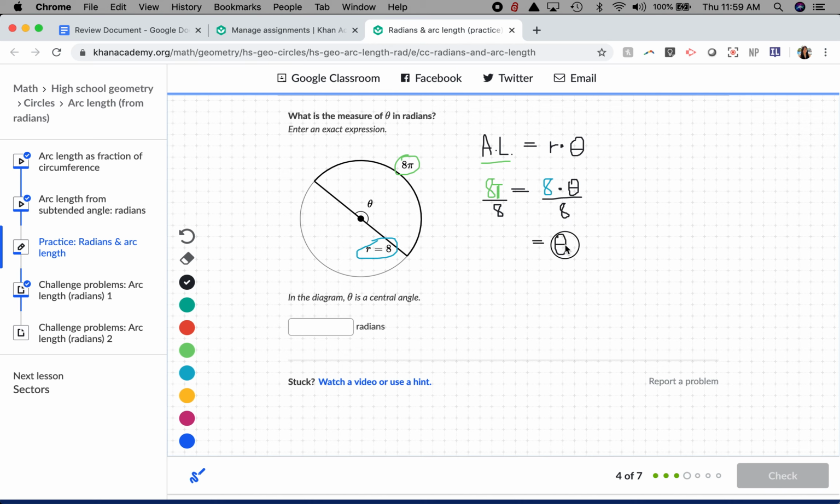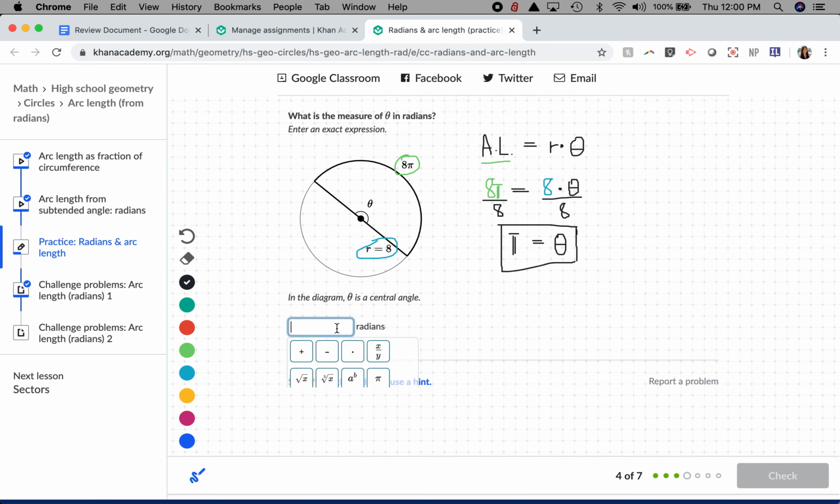It's 1 theta. And 8 divided by 8 also appears on the left side of the equal sign. This also equals 1, which will give us 1 pi. So theta is equal to pi. So pi will be our answer.